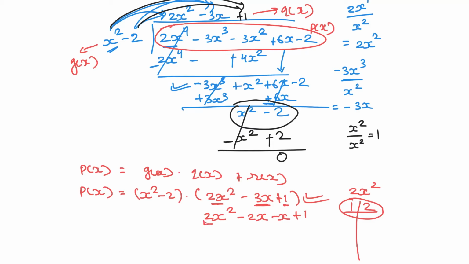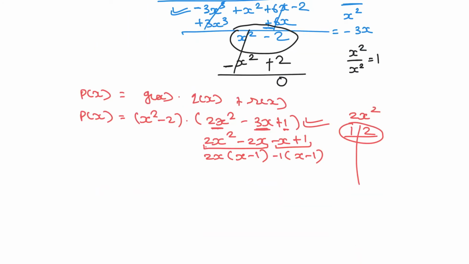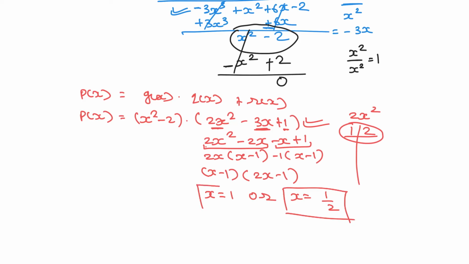Now take the common factor from the first two terms, that is 2x into x minus 1. From the last two terms, the common factor is minus 1, into bracket x minus 1. Now the common term is x minus 1 into 2x minus 1. So the zeros will be x is equal to 1 or x is equal to 1 by 2. These are the two other zeros.